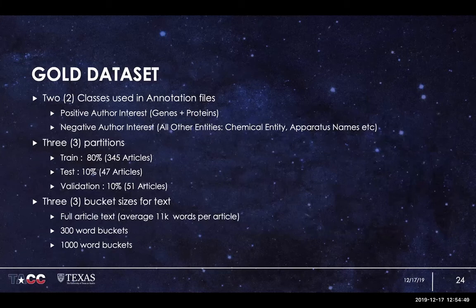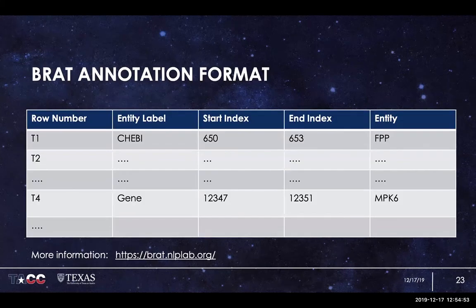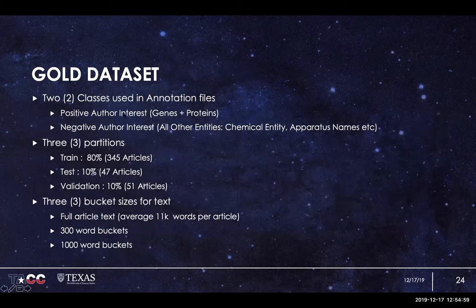We basically use the author inputs and whatever was detected in Dive to create this data set. For simplicity, we just created two classes in our annotation files. One is the positive author interest, which we defined as genes and proteins. We see this is 80% of what the authors are interested in. The other one was negative author interest, which authors seem not to be interested in.